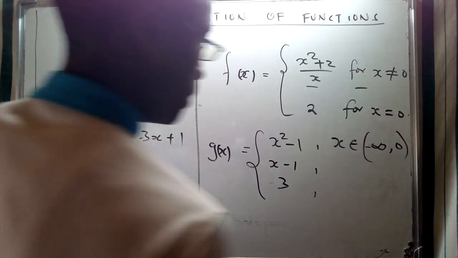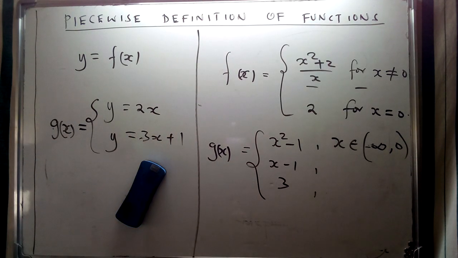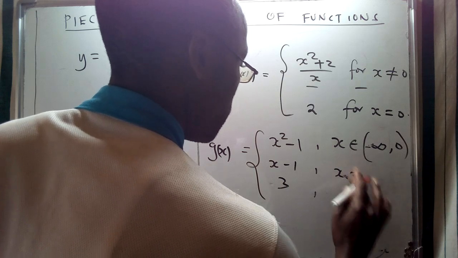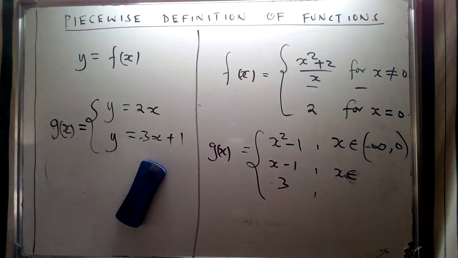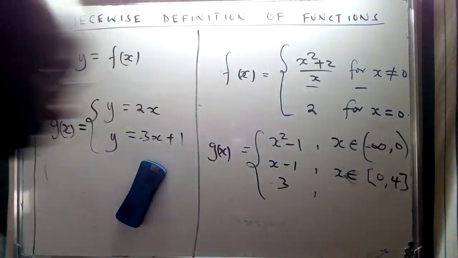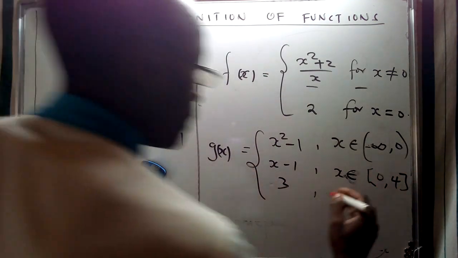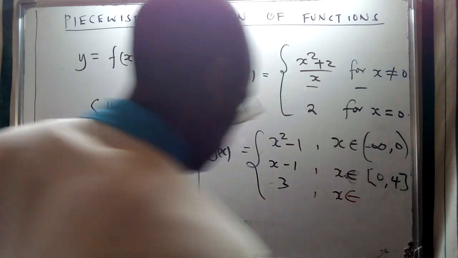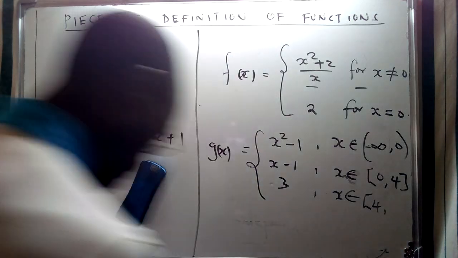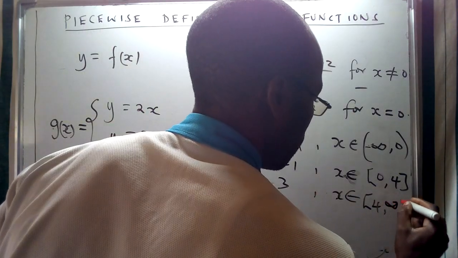And then we're going to have x for the second part as a range of values between the closed interval of 0 and 4. And then the condition for the last one is x as a set of values ranging between the closed interval 4 and open positive infinity.